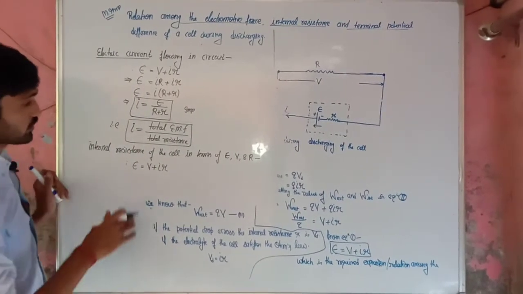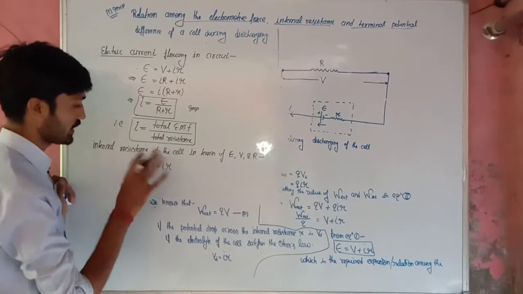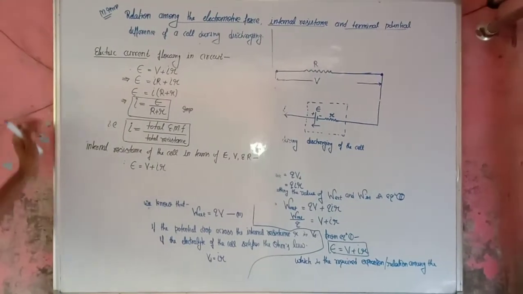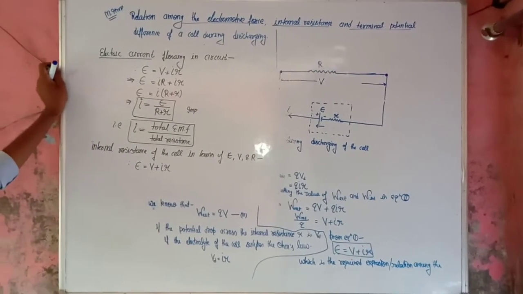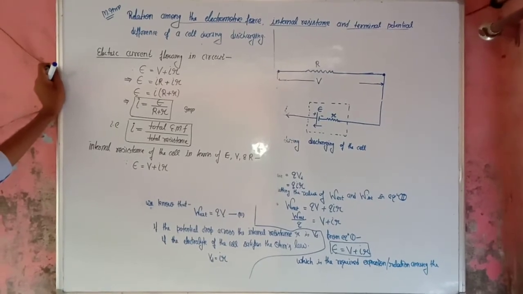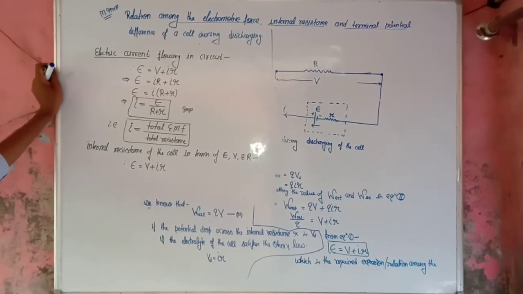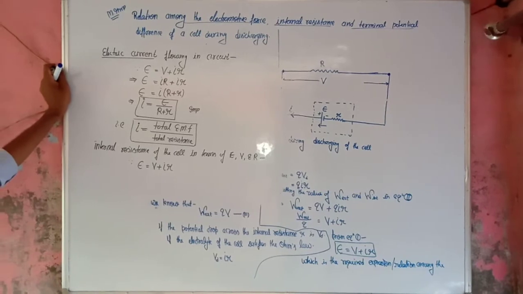Now we want to calculate small r in terms of E, V and capital R. So first of all we find out the value of I in terms of capital R.